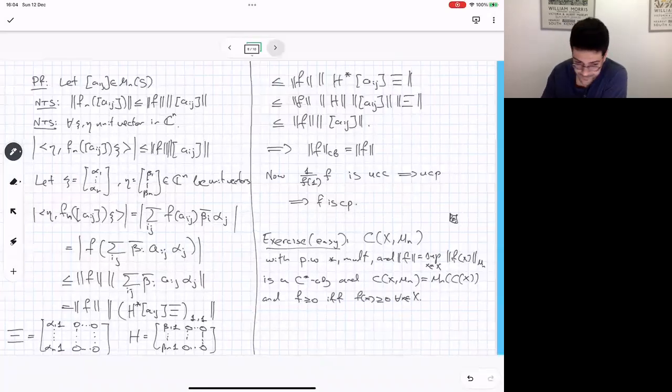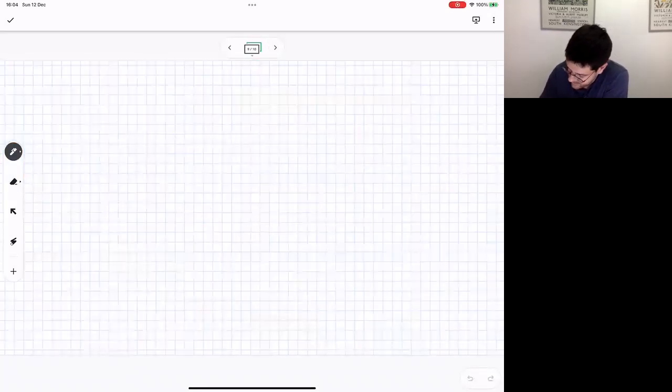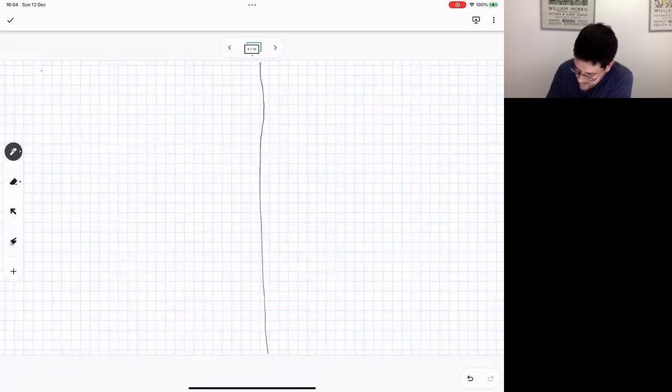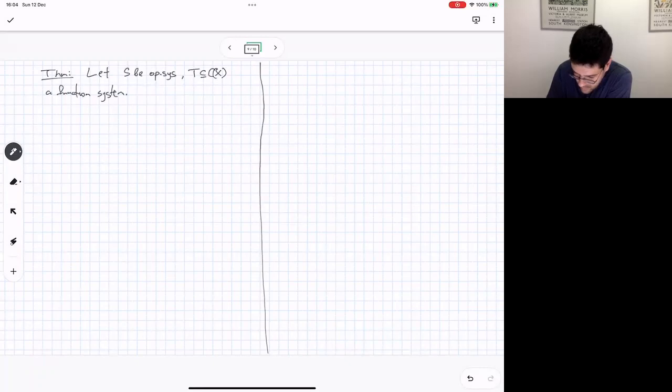So theorem. Why do I call this a theorem and not a claim? I don't know. Let S be an operator system, T a function system, phi from S to T a bounded linear map.